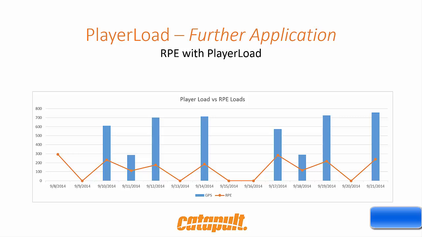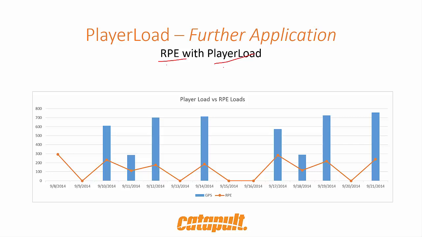The last metric, really incorporating the RPE, is, what's the value in it? So we have our player load, and that's from the GPS unit itself, and it's giving us a very objective measure of what that athlete is doing. The advantage, in my opinion, is looking at our objective here, and then we have our subjective, our perceived exertion from the athlete.